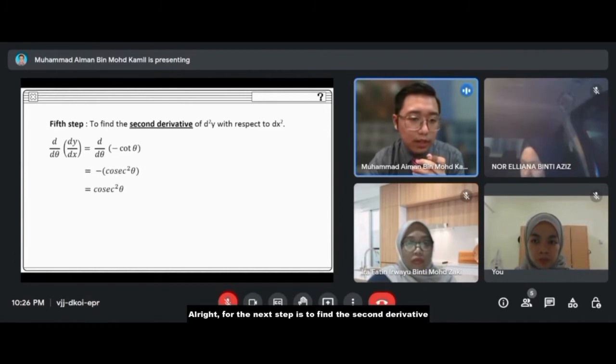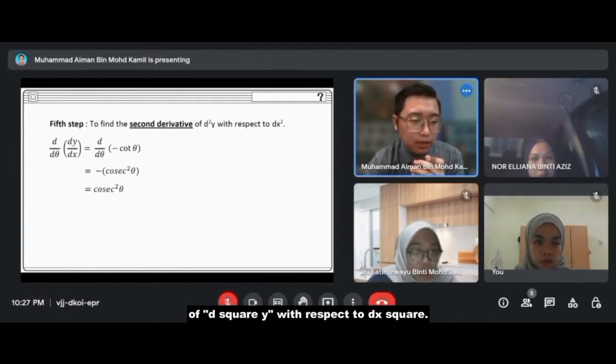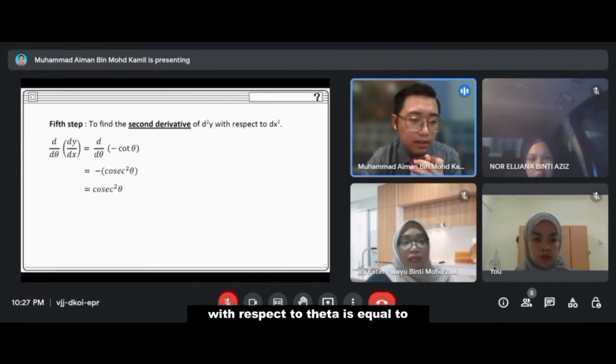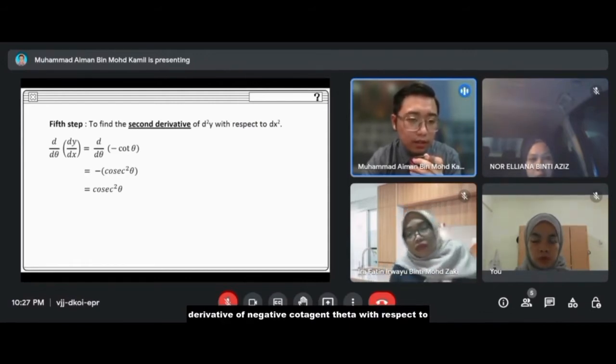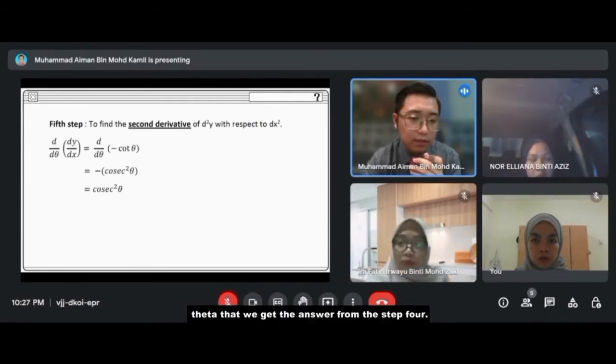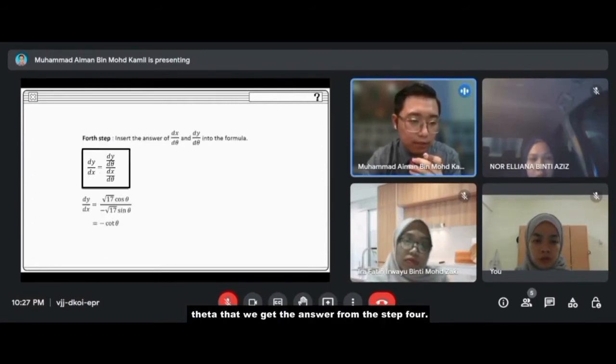For the next step, we find the second derivative, d squared y with respect to dx squared. In this step, we take the derivative of dy over dx with respect to theta, which is the derivative of negative cotangent theta with respect to theta, using the answer from step 4.